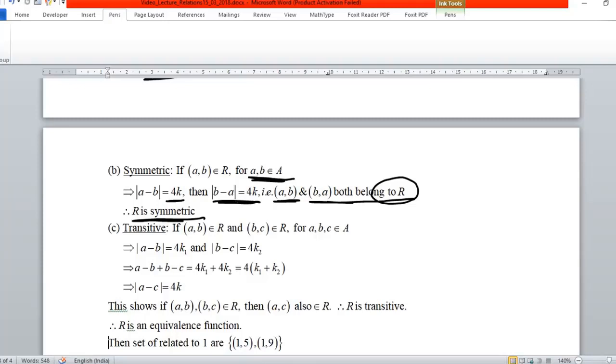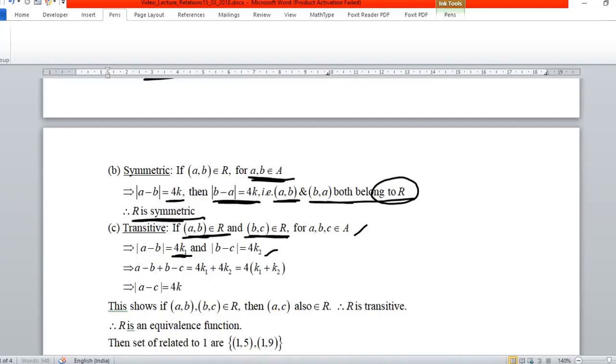We need elements of the form (a, b) belonging to relation R and (b, c) belonging to relation R, for a, b, and c belonging to set A. If (a, b) belongs to R, that means a minus b is a multiple of 4, so a minus b is equal to 4k1, and b minus c is also a multiple of 4, so b minus c is equal to 4 times k2.